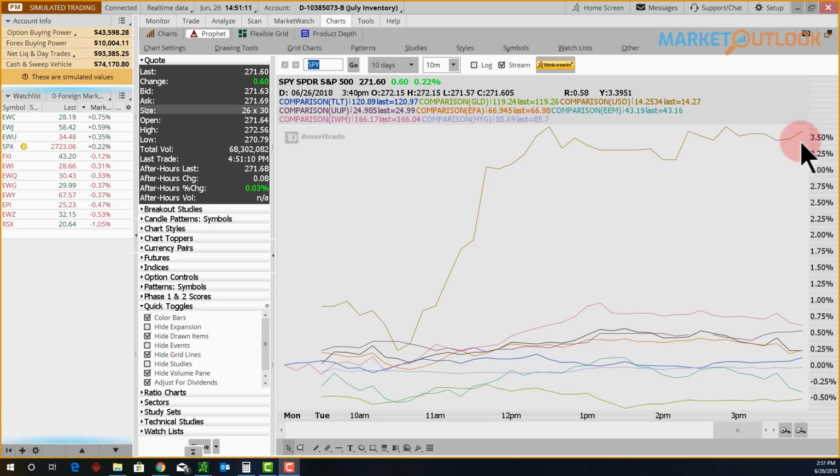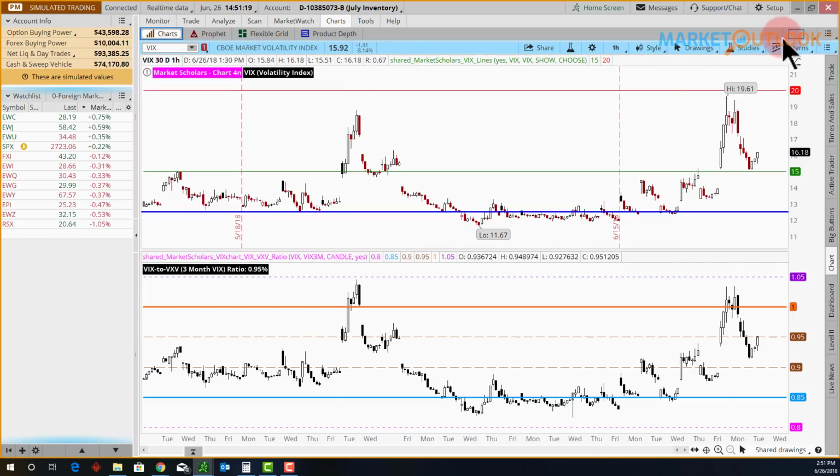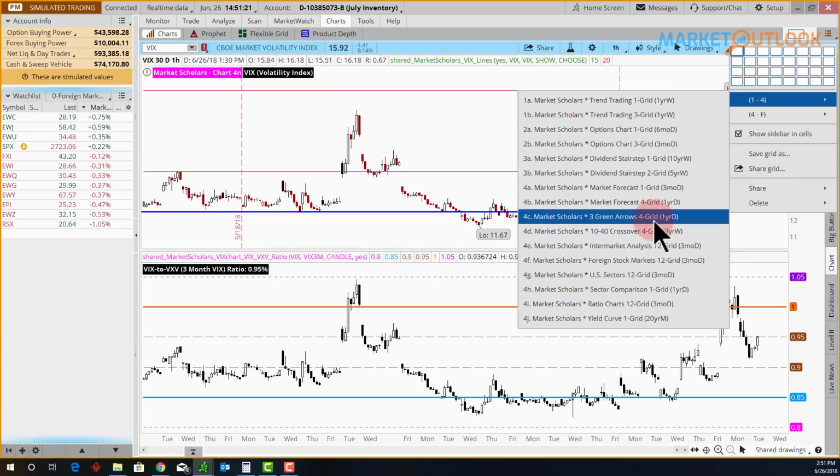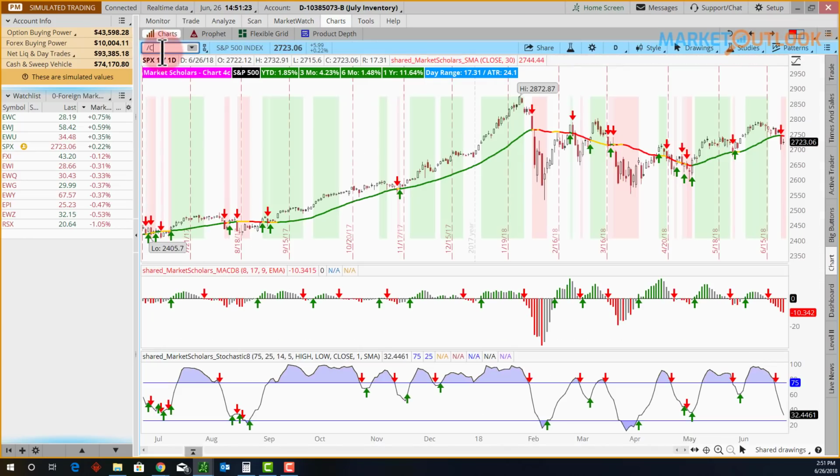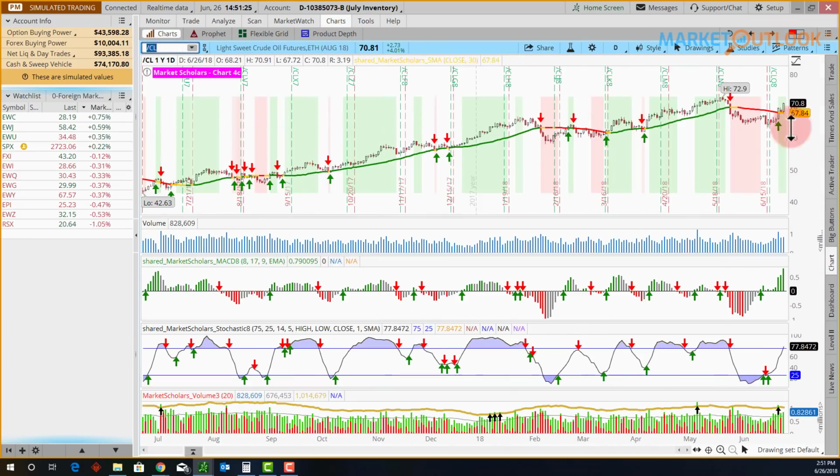If you take a look at the major assets and how they performed today, there's one big outlier, and that was crude oil. With news that the U.S. will limit imports from Iran, crude oil jumped up 3.5%. That's a tremendous move. If you take a look at what's going on here on its chart, this is 2 days in a row now that we're getting big spikes higher in crude.